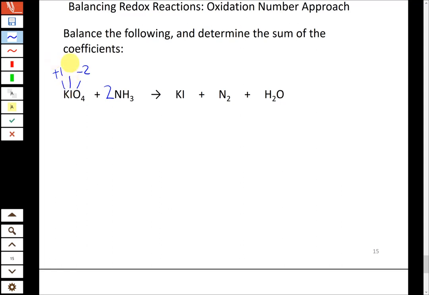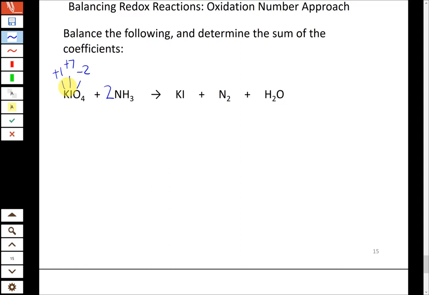To balance that out, we need a +7 on iodine. Iodine is in group 7, and +7 is the largest oxidation number it can have. 4 -2s for oxygen is -8, a +1 for potassium makes -7, and +7 all adds up to 0 for the overall charge-neutral compound KIO4.